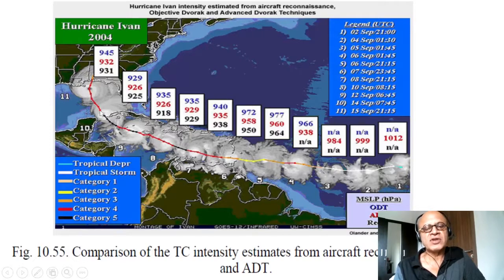Because it's going over a range of islands here, the energy supply can change, translation speed can change, its intensity can change, size can change. You can see that the size is much tighter here, and then it becomes larger as it approaches land over here, over basically almost 2 weeks, 2nd September to 15th September.